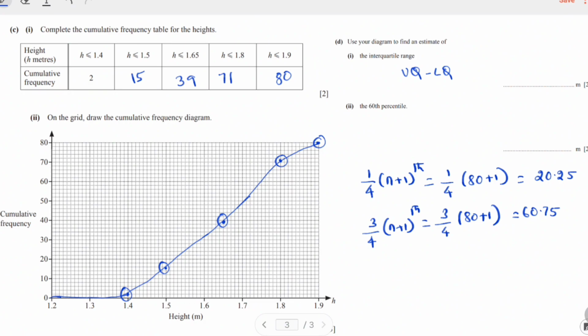First, let us find the upper quartile. For this, I will draw a horizontal line from these points. I consider 60.75 as 60 and draw a horizontal line at the point 60.